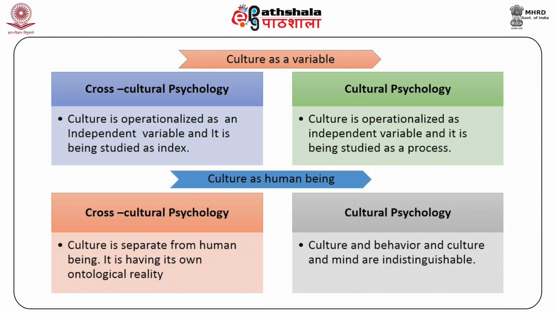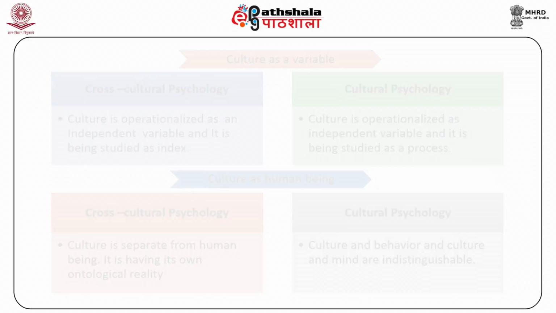It has its own ontological reality. Cultural psychology, culture as a variable: culture is operationalized as an independent variable and it is being studied as a process. Culture as human being: culture and behavior and culture and mind are indistinguishable.